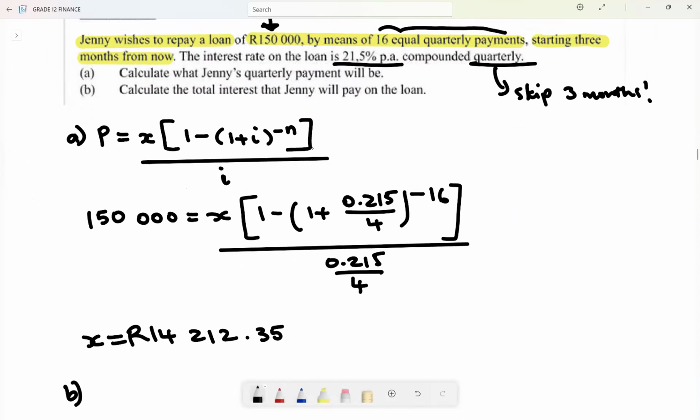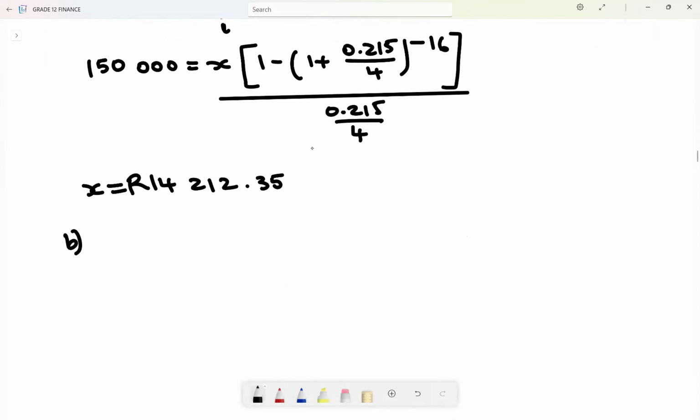But yeah, then the total interest that Jenny will pay. Jenny will pay this amount per month. So let's see that amount, if Jenny pays this amount for 4 years.